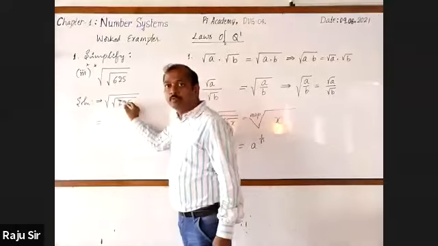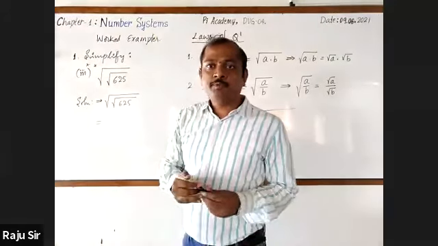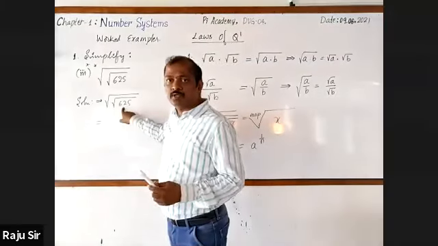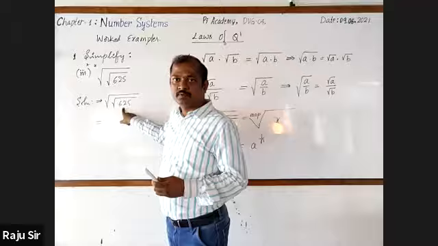Hence, let us go for simplifying by removing the roots one by one. You are very familiar with the number 625, which is a perfect square, is it not?